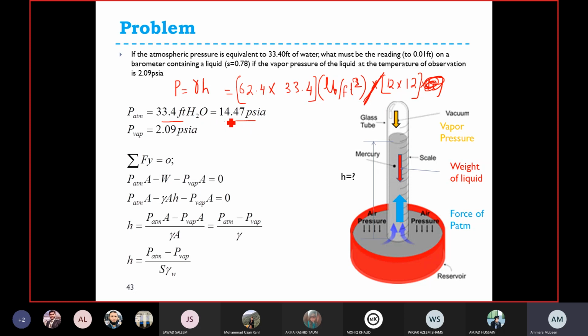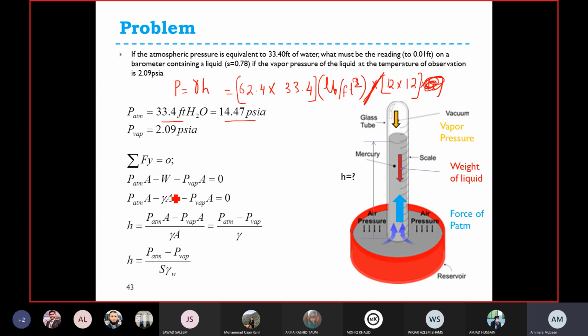So this is how they get this 14.47 PSIA value. Vapor pressure is given, which is in PSIA. So you need to be consistent in units. Since vapor pressure is in PSIA, you will convert atmospheric pressure to PSI.